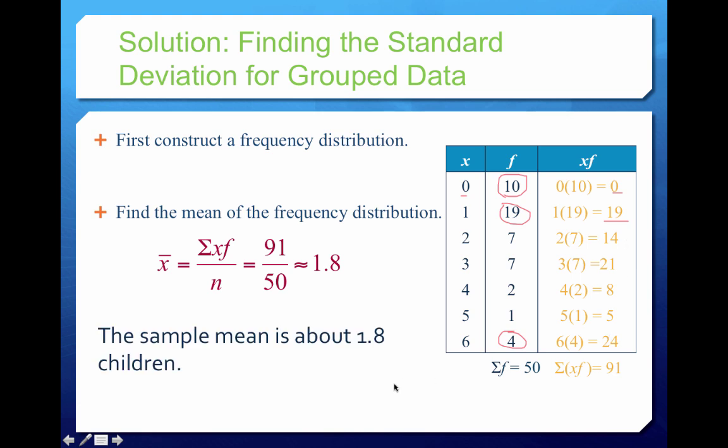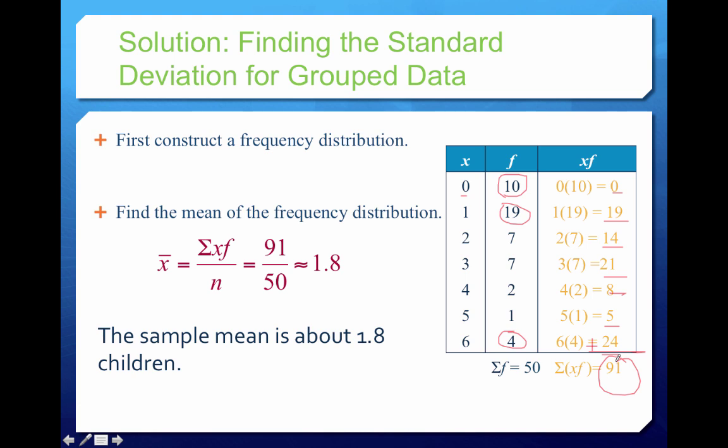We are going to add up each one of these: 0, 19, 14, 21, 8, 5, and 24. When we add these up, we get 91. The 91 comes from summing the data entry, or the number of children in the house, times the frequency, or the number of houses.